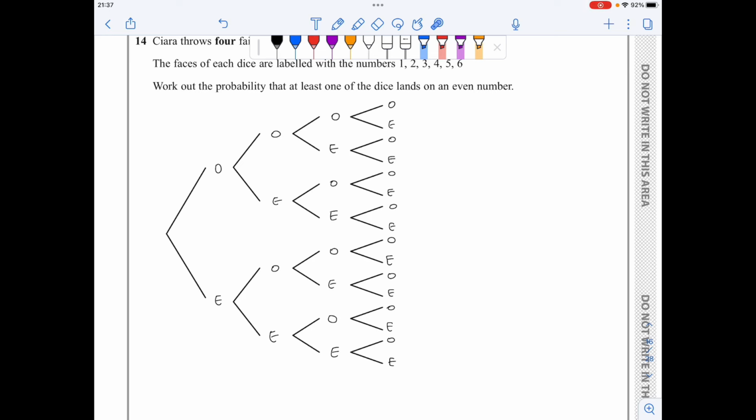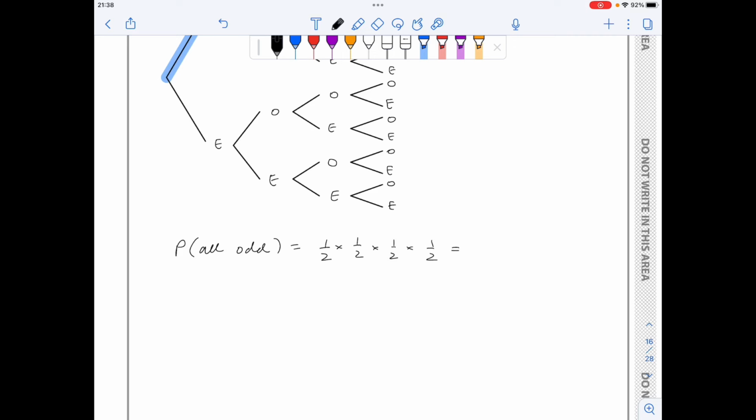So the only combination that doesn't have an even number is the combination that has 4 odd numbers, and on the tree diagram it's this one. So if you multiply those probabilities, and remember all of those are 1 over 2, you will get the probability that all numbers are odd to be equal to 1 over 2 times 1 over 2 times 1 over 2 times 1 over 2, which is 1 over 16.